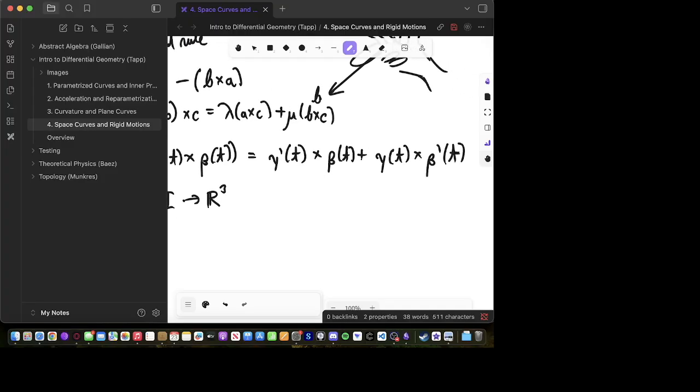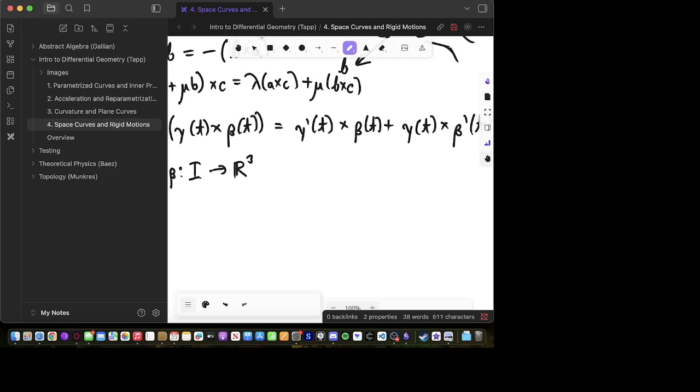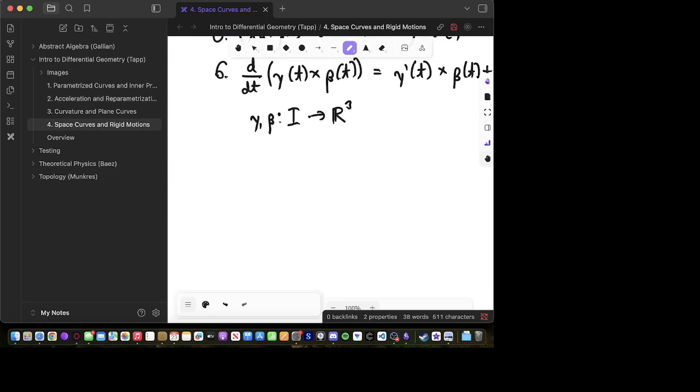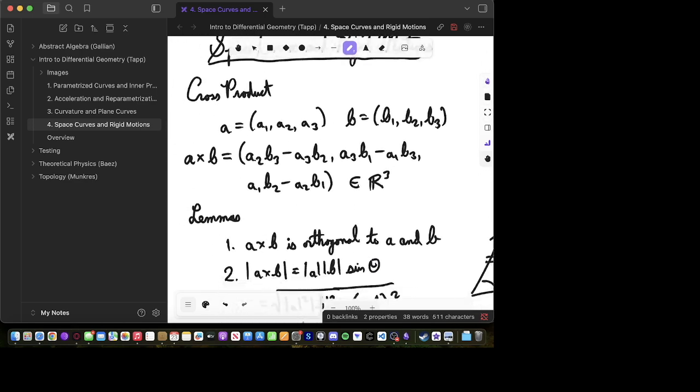And remember, the cross product is not commutative, in fact it is anti-commutative, so you cannot swap the order of the two curves. So that's a bit of background knowledge on the cross product.